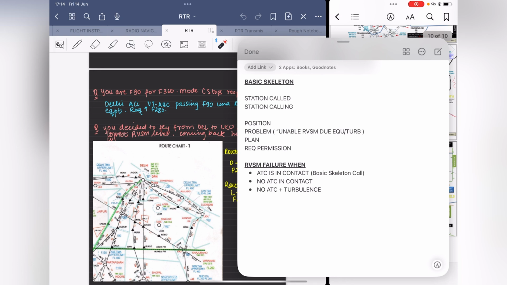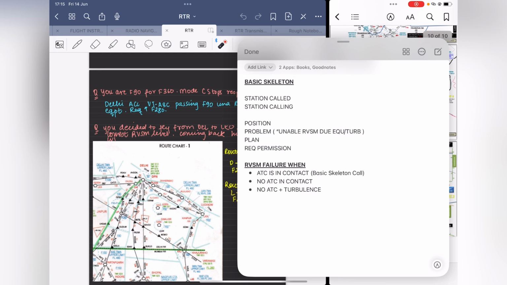In case of RVSM calls, our problem is unable RVSM due equipment, or unable RVSM due turbulence. So there are only two broad problems we could face. Everything from your mode C failure, mode S failure, primary altimeter failure, all of these come under equipment failure. And turbulence is only when you're facing turbulence. So your problem is going to sound like unable RVSM due equipment or unable RVSM due turbulence. It's going to be one of these.